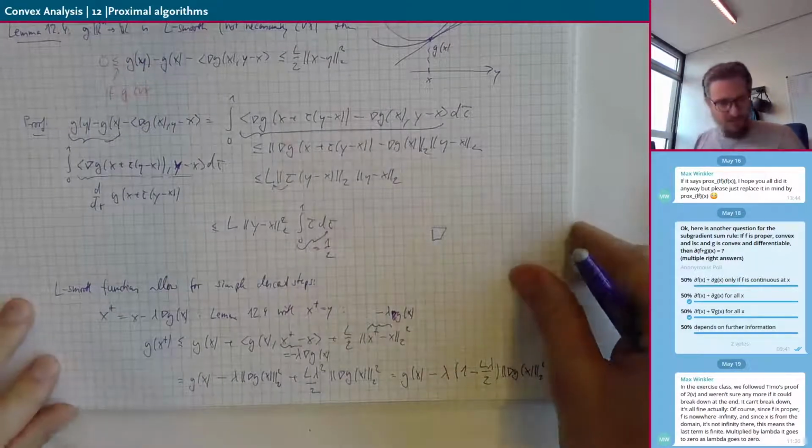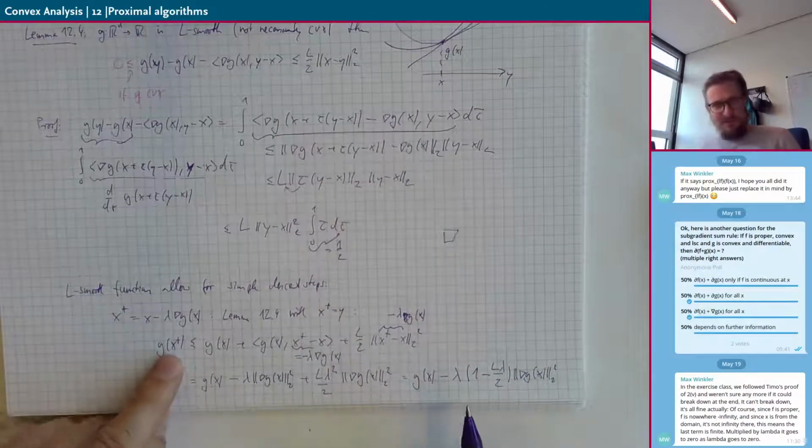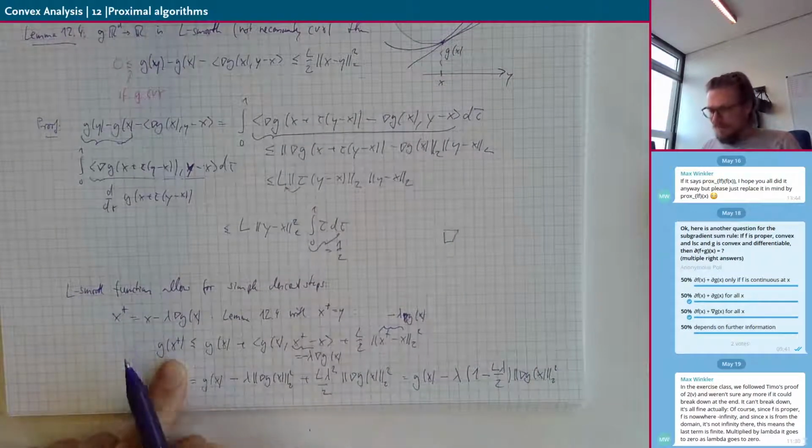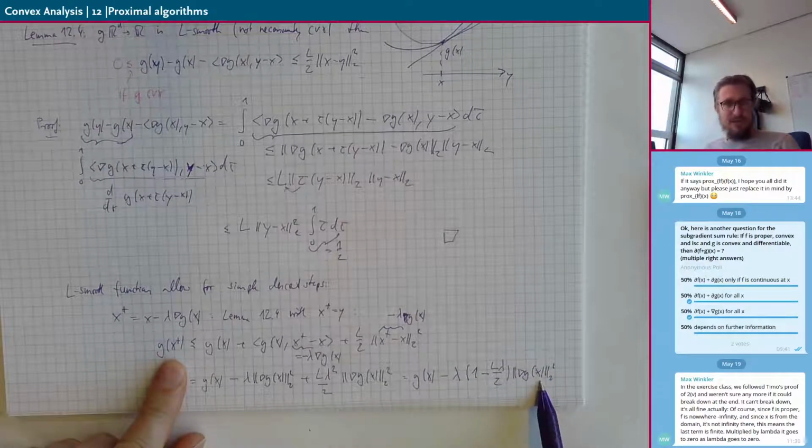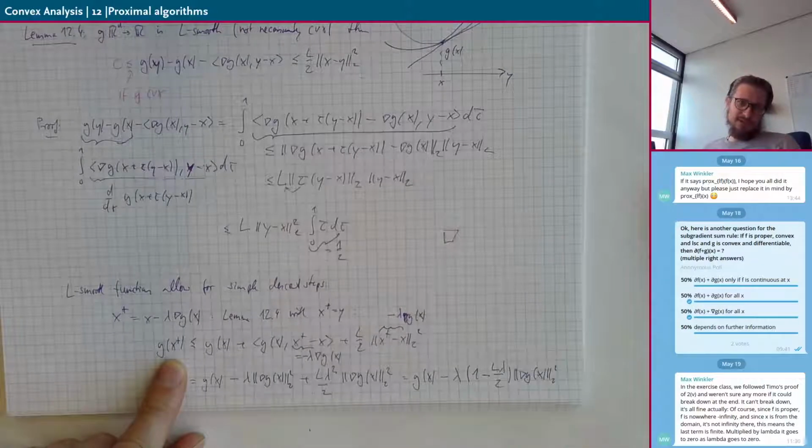Okay, and what do we see? We see the function value at the next point where we moved by a gradient step is the old function value minus something, and as long as this something is positive, we have guaranteed descent.